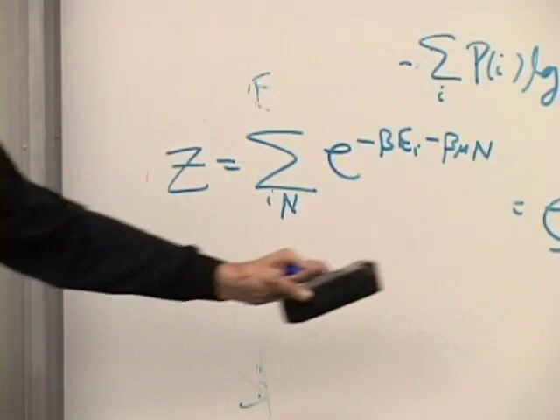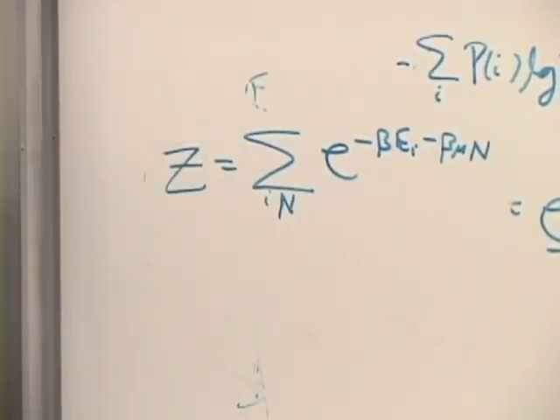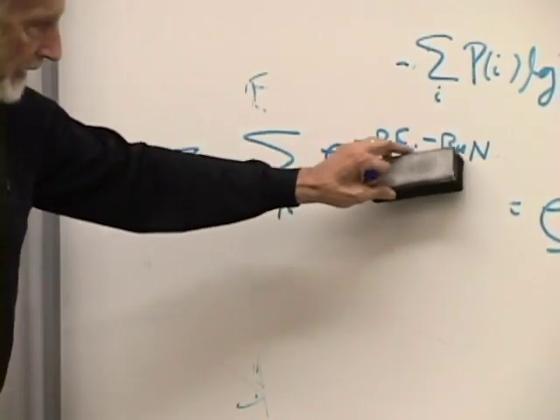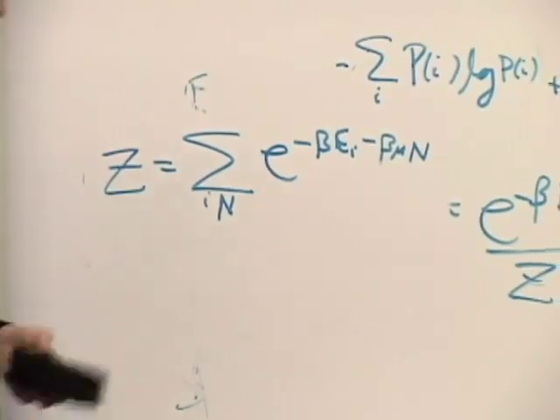That's just to make sure that the total probability adds up to 1. So that's Z. And notice it has a new thing in it. It has a thing which allows you to control the number of particles, called a chemical potential.